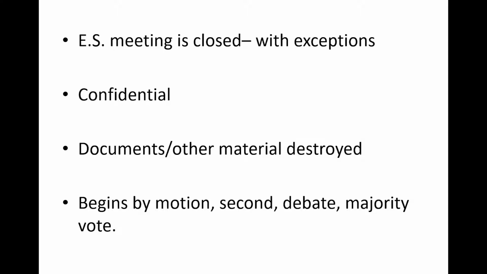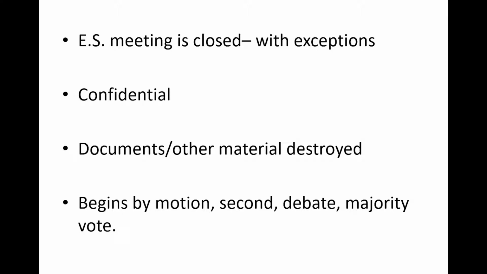So if everything is kept there, everybody with me so far? Nothing stands a chance of getting out, as long as you have people who understand how the confidentiality works. So how do you go into executive session? A motion is made and seconded to go into executive session.